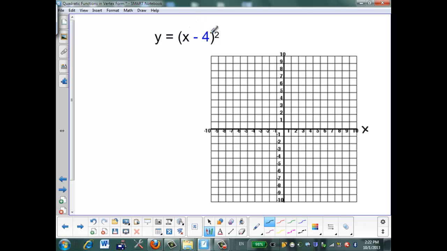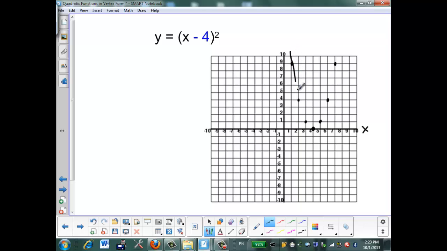Now, because it's in the squared, this minus 4, our parabola is actually going to shift 4 in the positive direction. So it's going to move to the point 4, 0. But the pattern remains the same, over 1 up 1, over 2 up 4, over 3 up 9. Same thing in the negative direction.